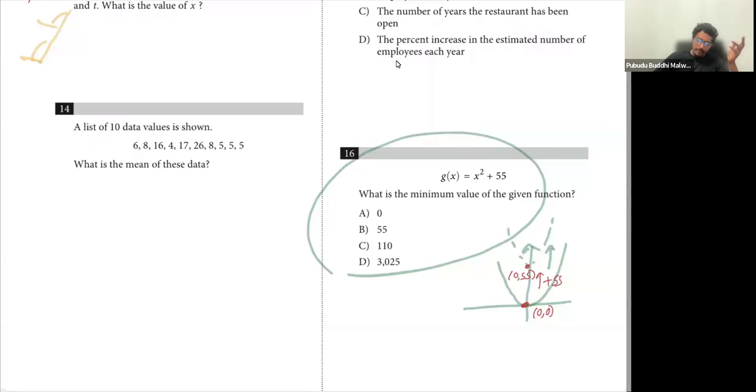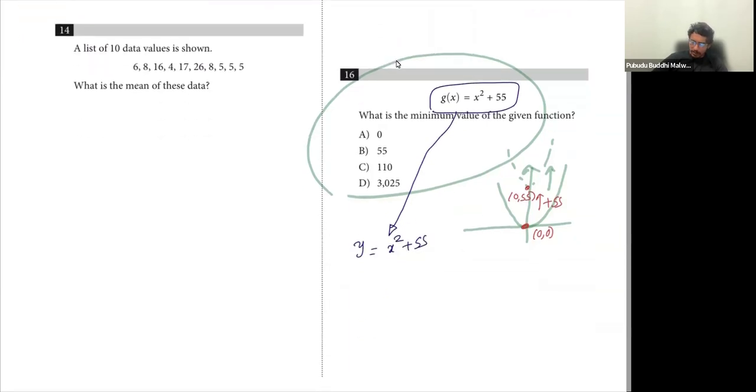Or sometimes you might be thinking about a different method without a graph. So think about which x value gives me the minimum y value. Right? To get the minimum y, I need the minimum value from this part, I think.